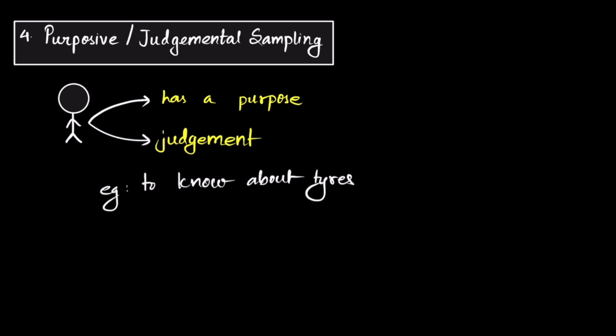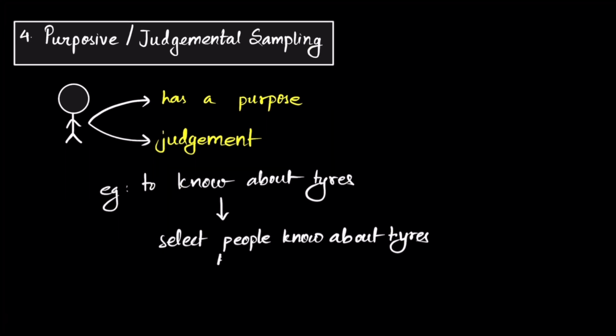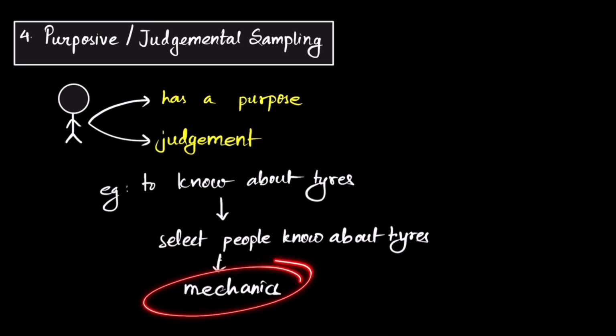Since the researcher has a purpose, that is to know about tires, the researcher tries to select people that know about tires. And the researcher passes his judgment to select mechanics in a community since they know best about tires. So in order to fulfill the purpose, the researcher himself selects people that know about tires, like mechanics in a community.